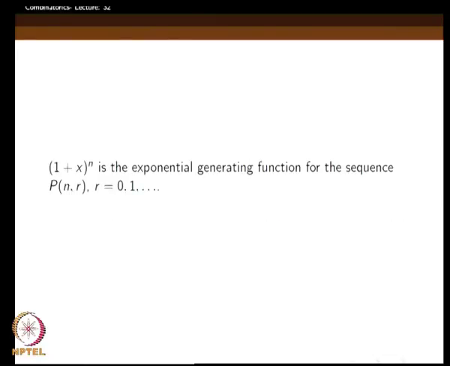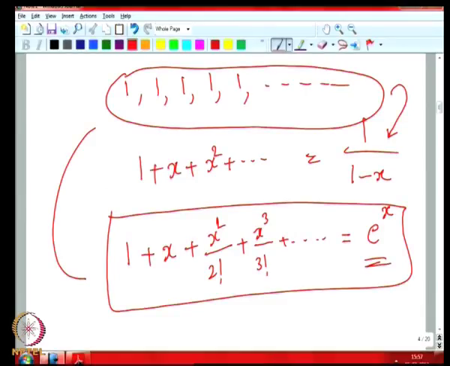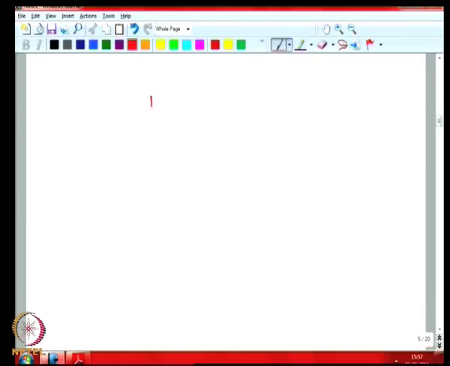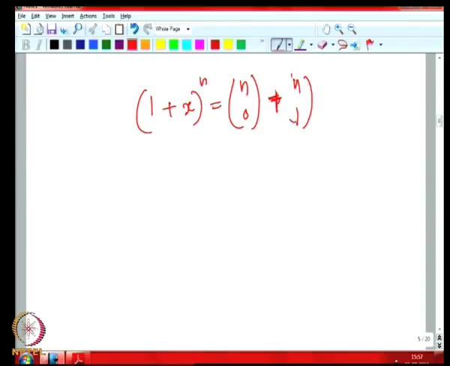Another example is, what about 1 plus x raised to n? 1 plus x raised to n is another familiar generating function for us. This is n choose 0 into x raised to 0 plus n choose 1 into x and so on, right.